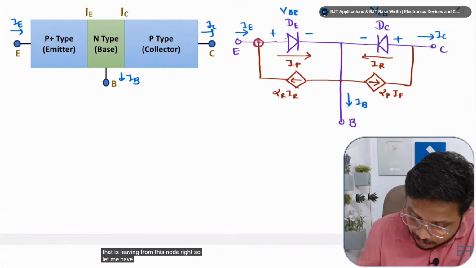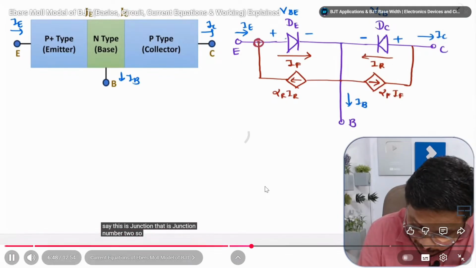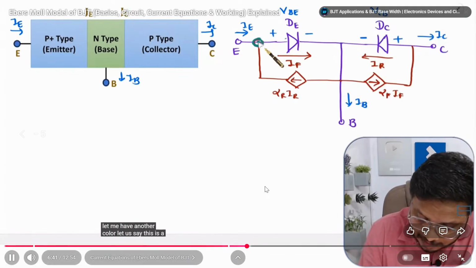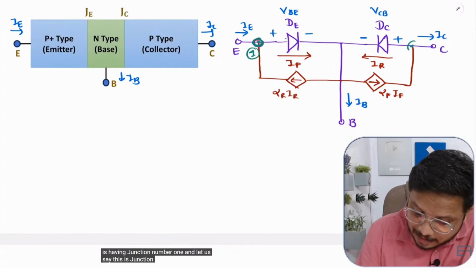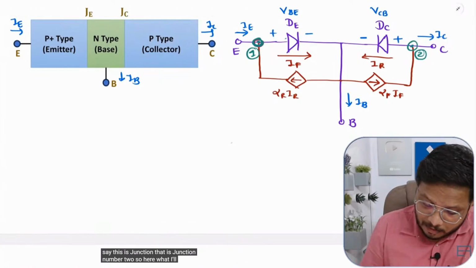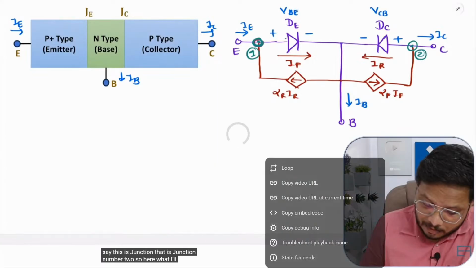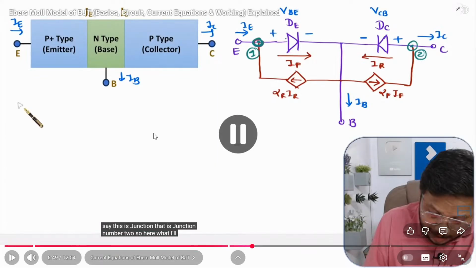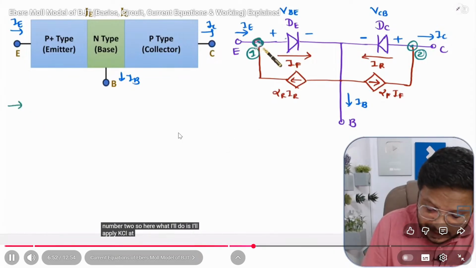So let me take another color. Let us say this is a junction. This is junction number 1, and this other one is junction number 2. So here what I'll do is I'll apply KCL at junction 1.